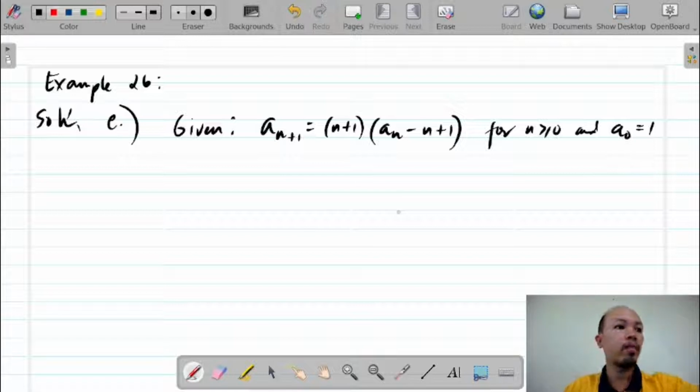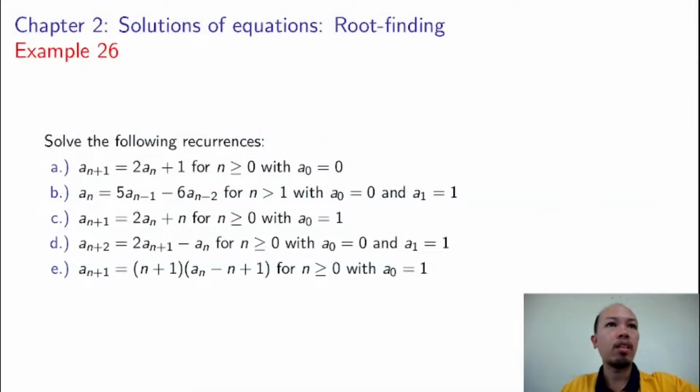So let's see if we are correct. N greater than or equal to 0, a sub 0 is equal to 1.